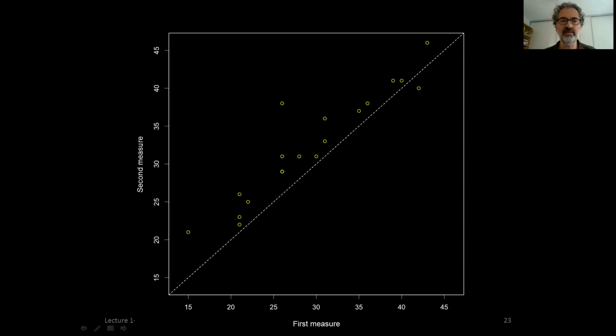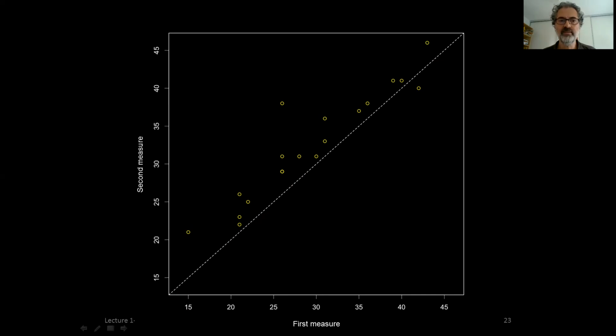And here are data for a very different vocabulary test administered once and then a second time. So each yellow point here displays the score obtained in the first administration versus the score obtained in the second one. And this dashed line here is where all points would be if everyone got the exact same score twice.